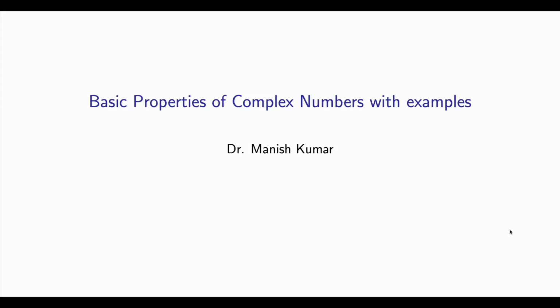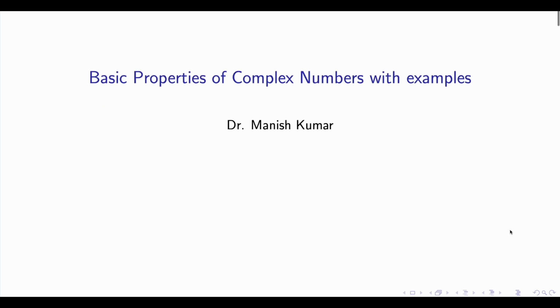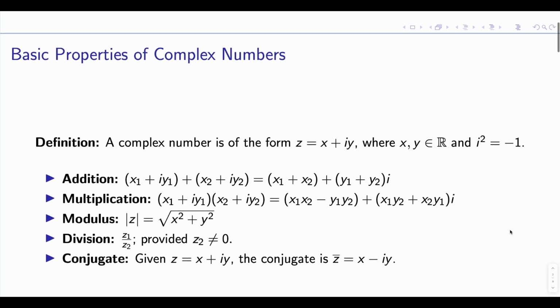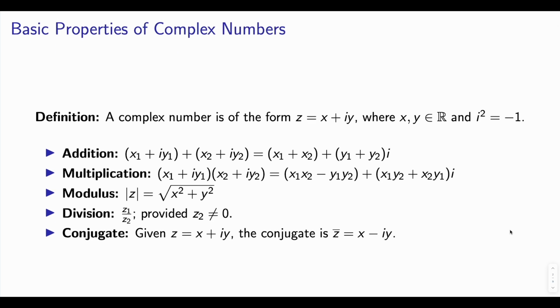So today we are going to discuss the properties of complex numbers with some examples. If we list the properties before going to define them, let us see that you have a complex number of the form x plus iy, where x and y belong to R, and i square is equal to -1.